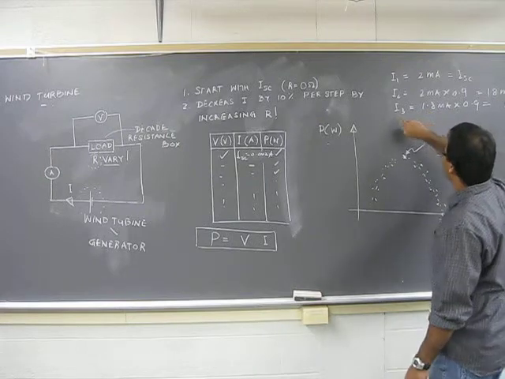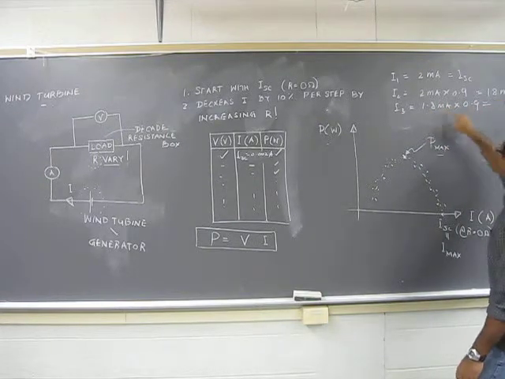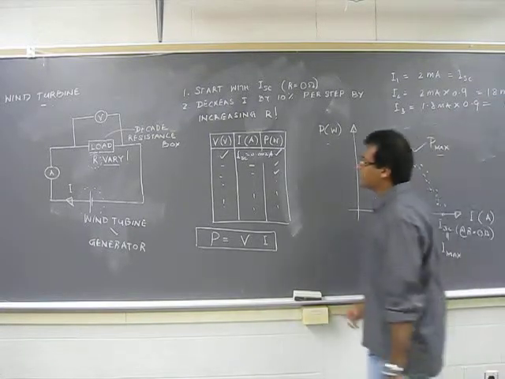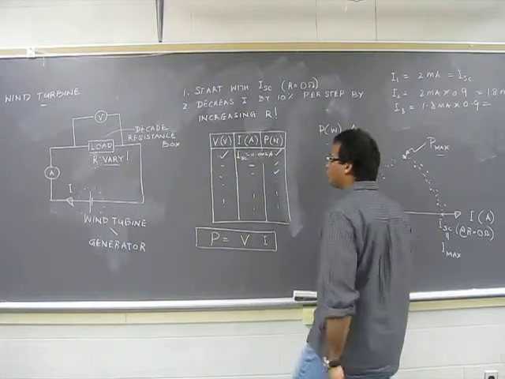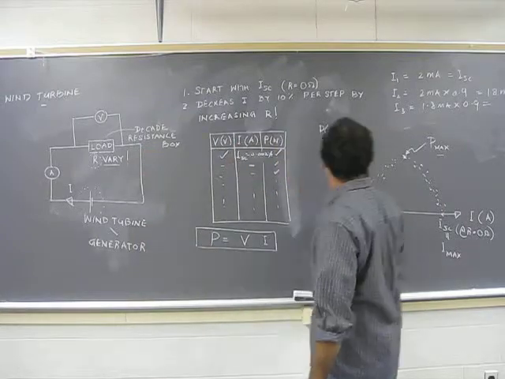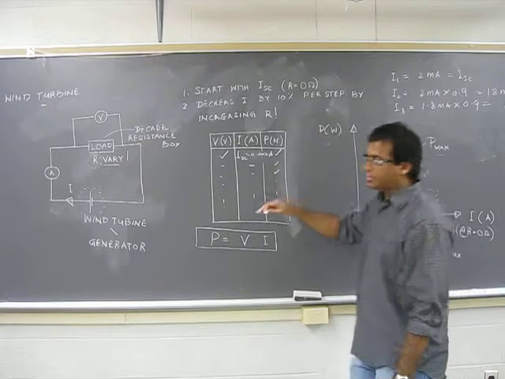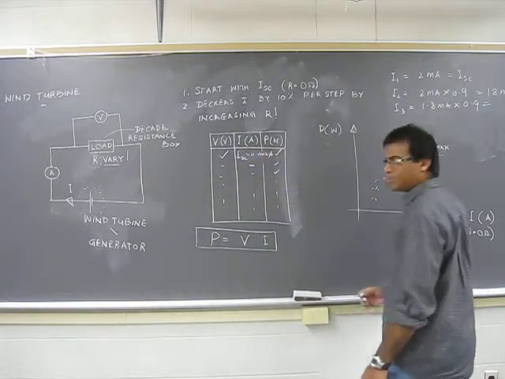It goes down again to find the third value. 1.8 is our value here, 10% less than that is 1.62, and we get the corresponding voltage when we increase the resistance to reach this particular value, right? We keep going on like this and complete the table.